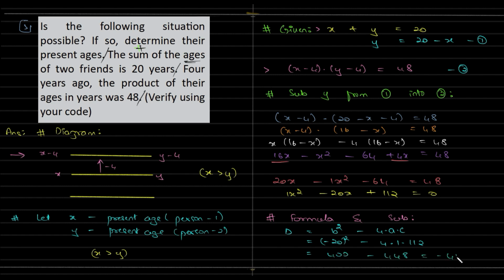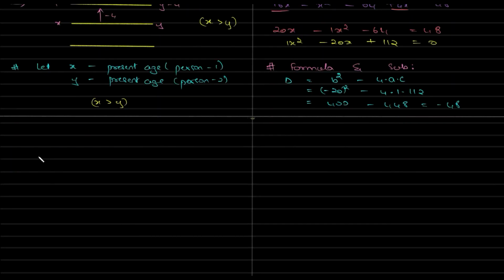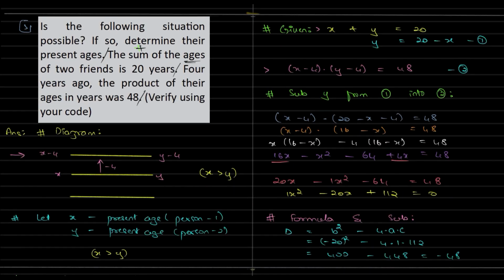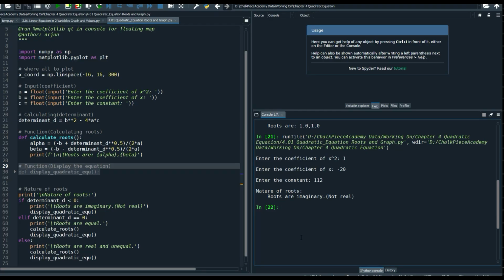The discriminant is negative, and so the answer is d is less than 0. Before that, we need to mention this. As d is less than 0, this implies roots are not real.